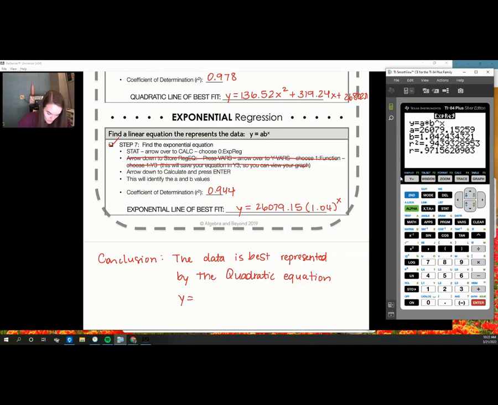Y equals 136.52 x squared plus 319.24 x plus 26,802.71 with an r squared value of 0.978.